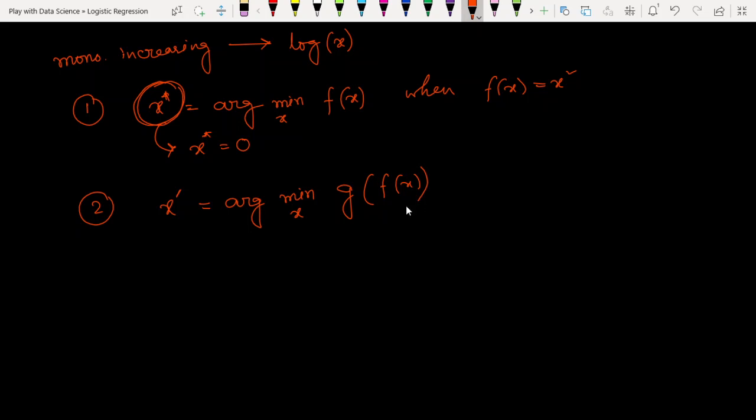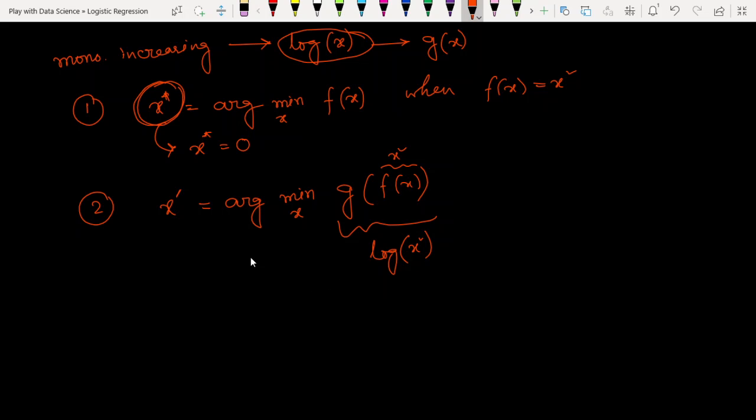This type of function is called a function of a function, or in another language, functional composition. So if we rename this log as g of x, then our g of x is equal to log x, and f of x is equal to x square. So this will be log of x square.